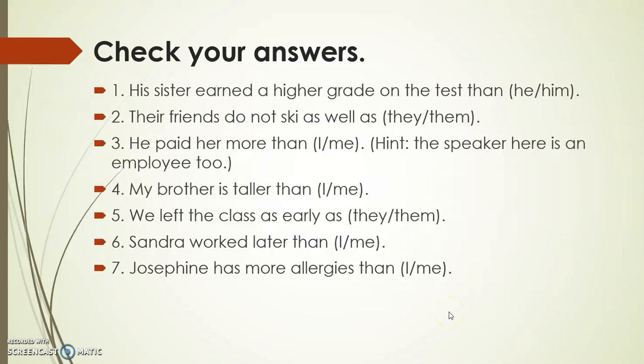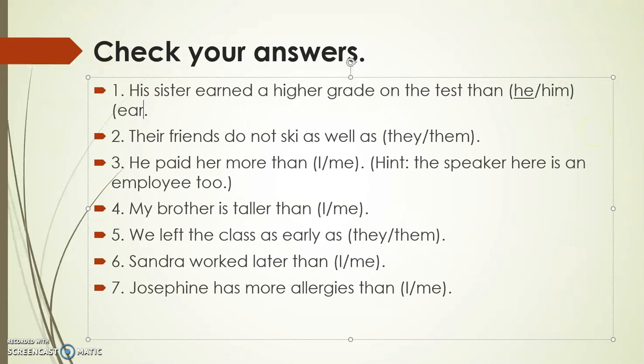So let's check the answers here. His sister earned a higher grade on the test than he earned. Right? Because you can put that verb back on the end and say earned. Their friends do not ski as well as they or them ski. It's going to be, of course, as they ski.